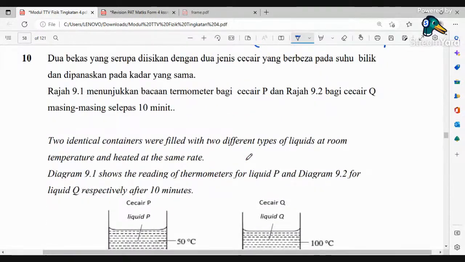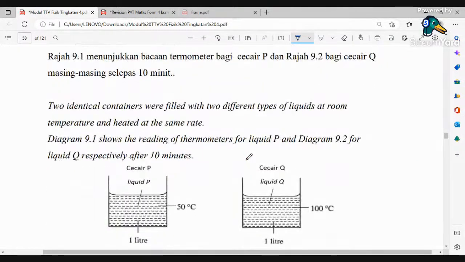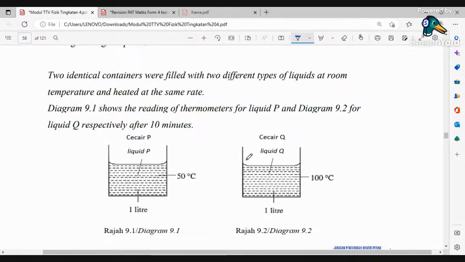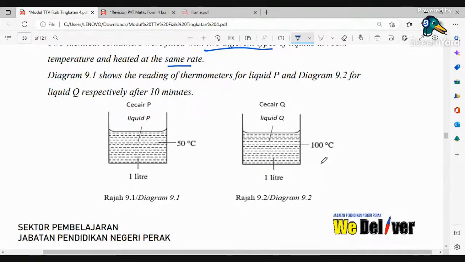Okay, number 10. Two identical containers were filled with two different types of liquid at room temperature and heated at the same rate. Diagram 9.1 shows the reading of thermometers for liquid P and 9.2 is liquid Q. This one 50 degrees Celsius, this one is 100 degrees Celsius.